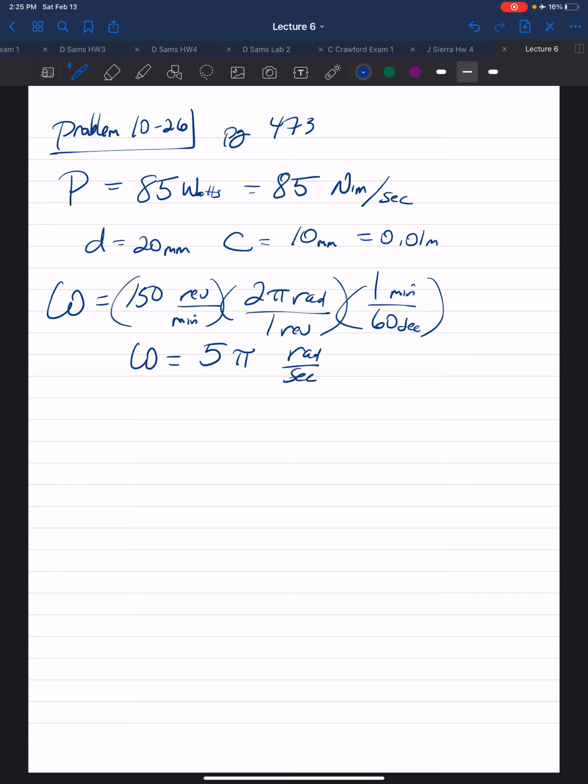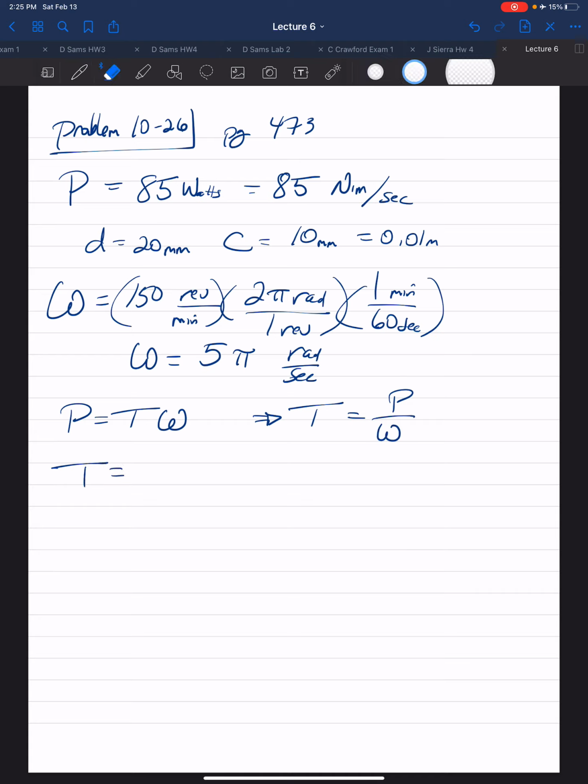So then we defined earlier that our power is our torque times our angular velocity. So if we rearrange this equation, our torque is our power over our angular velocity.